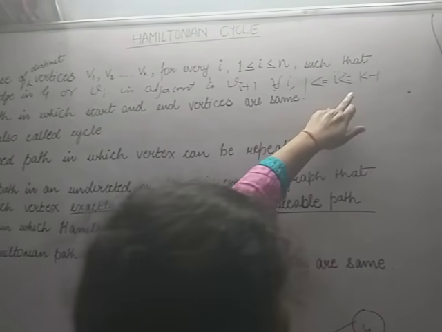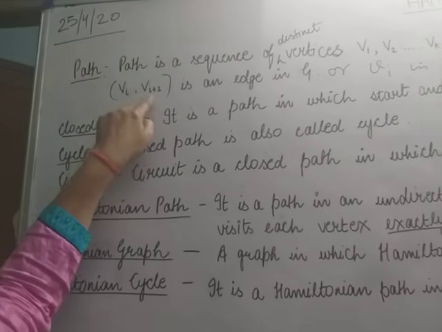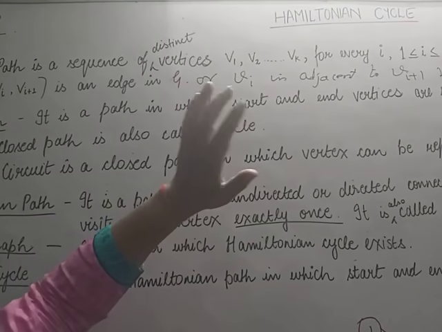I have taken k minus 1 because here I have written i plus 1. So simply, a path is a sequence of distinct vertices.